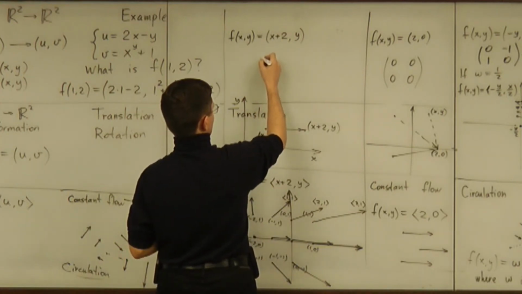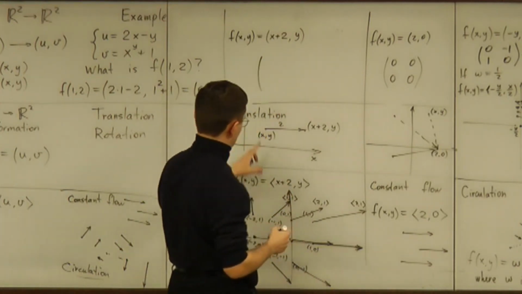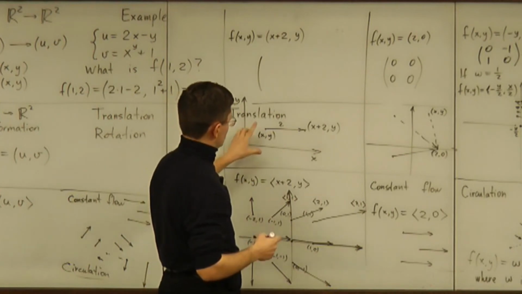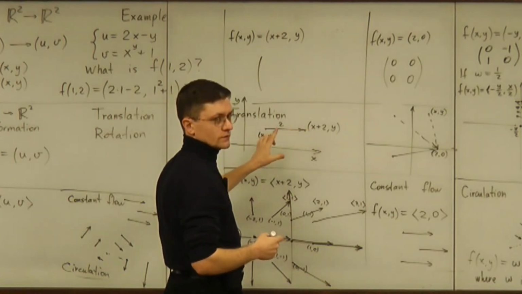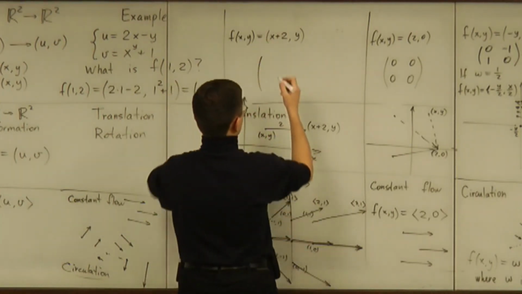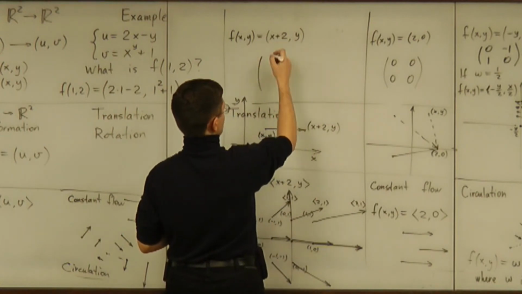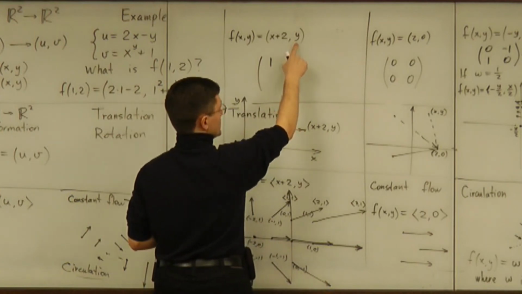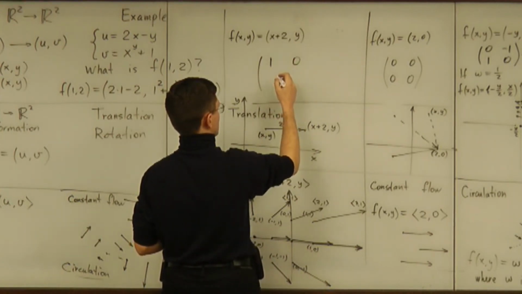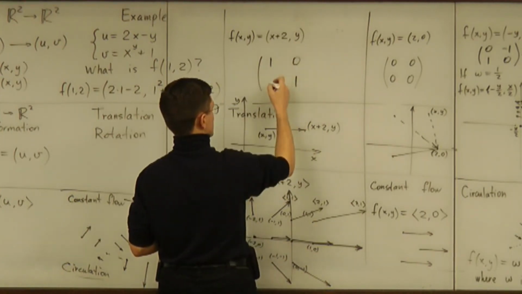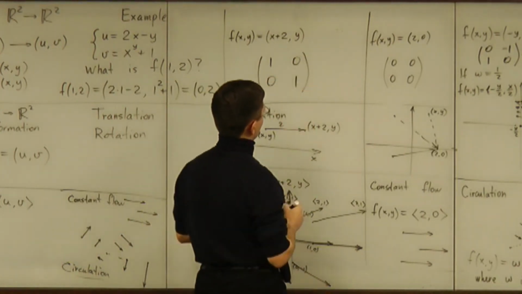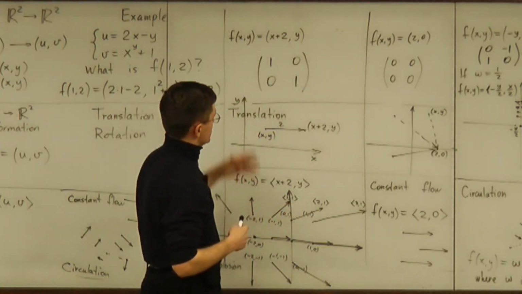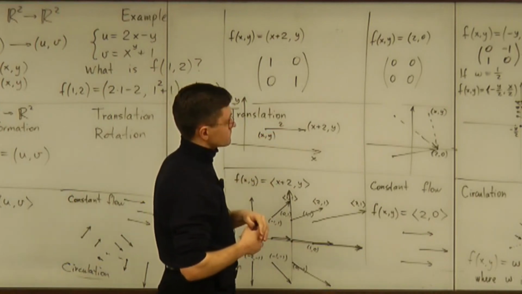What's the matrix for this function that geometrically represents translation? Well, that is rate of change of u with respect to x is 1, with respect to y is 0, the rate of change of v with respect to y is 1, but the rate with respect to x is 0. So that's the matrix for translation.